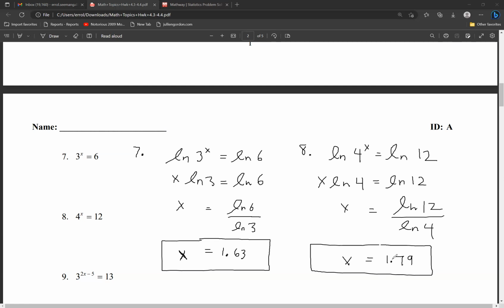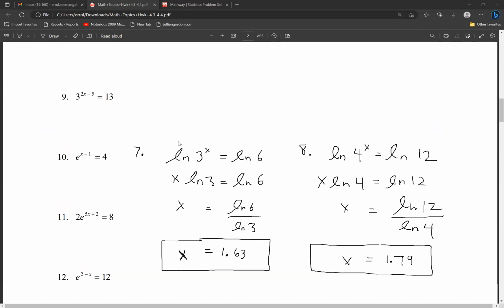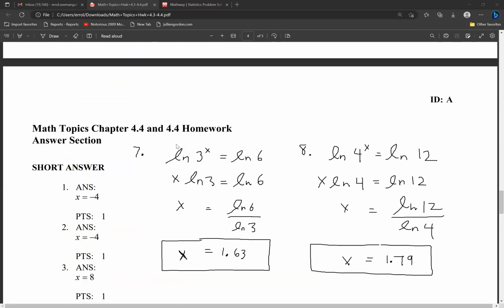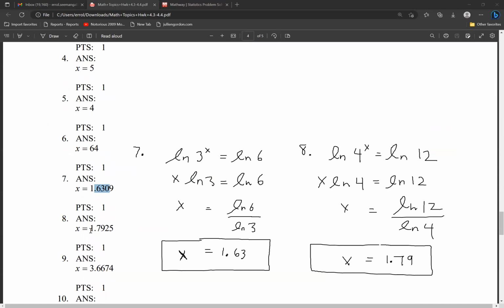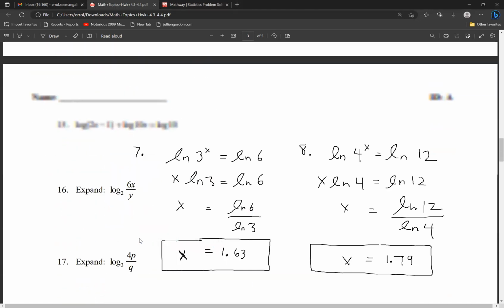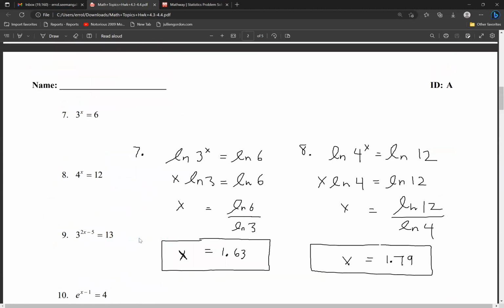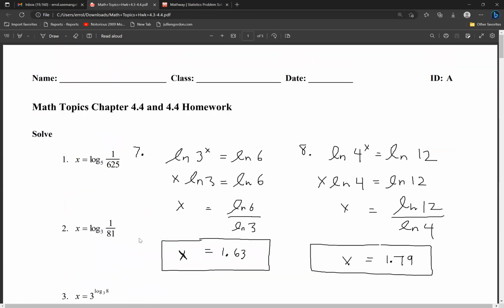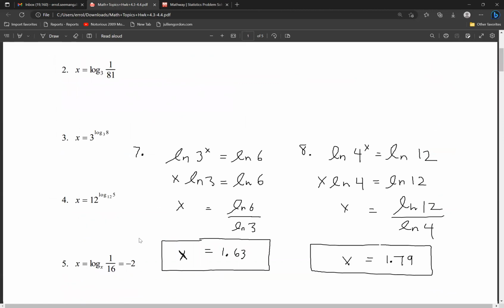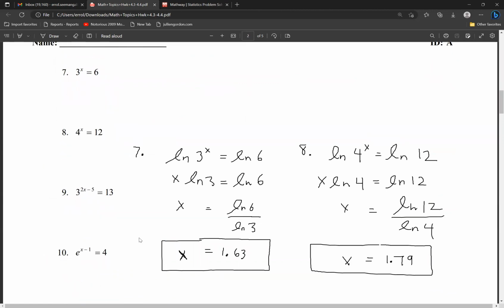All right, let's check number 8. 1.79. It didn't say to 2 decimals or 5 decimals, so 2 decimals is good, as long as it doesn't specify the number of decimals. All right, 7 and 8, you're good.